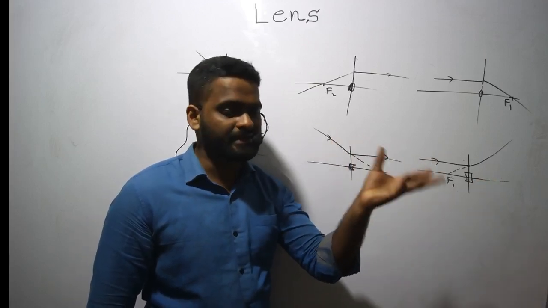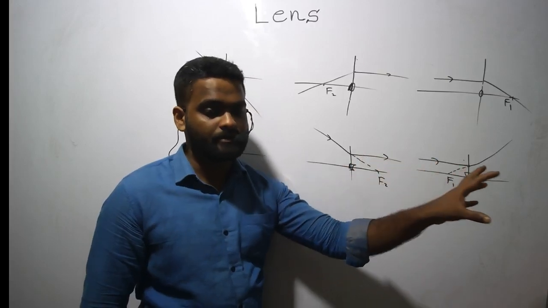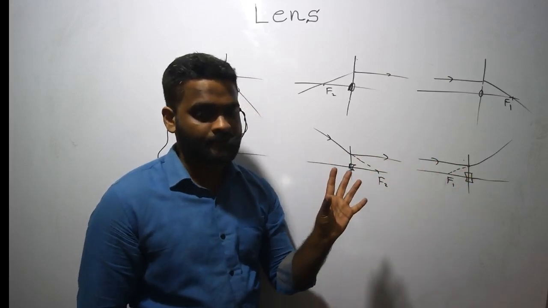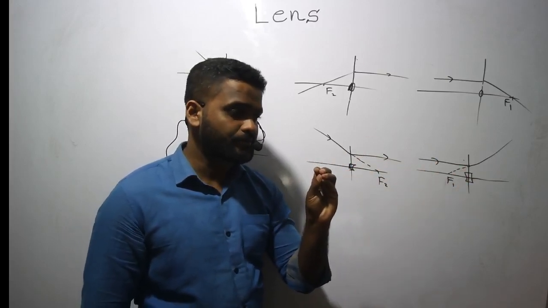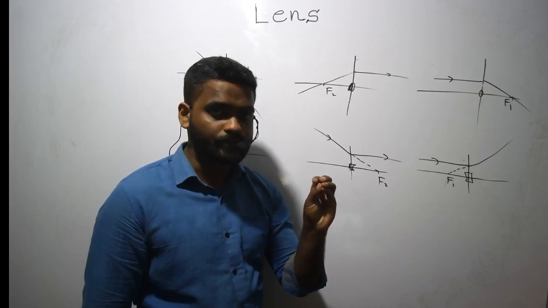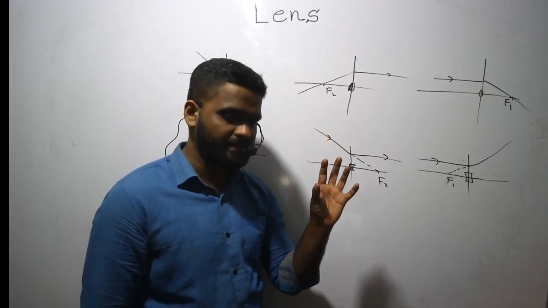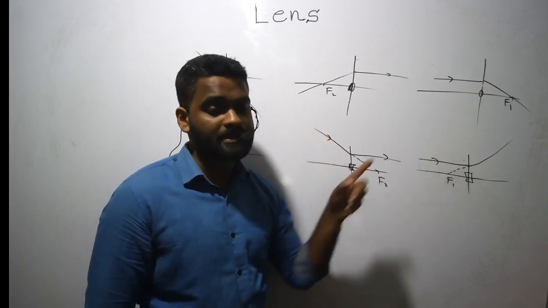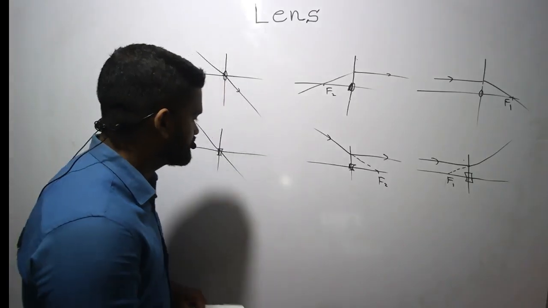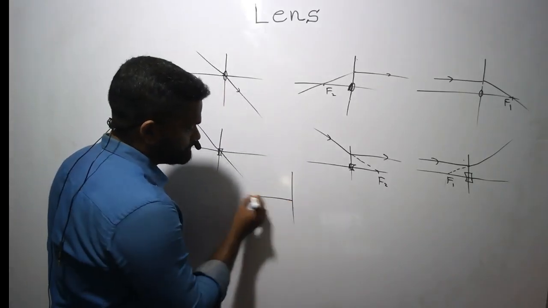But in all cases, the beams will not be parallel to the principal axis, right? So the concept of the focal plane is useful when you get a beam that is parallel but not parallel to the principal axis. This is what it means, right?